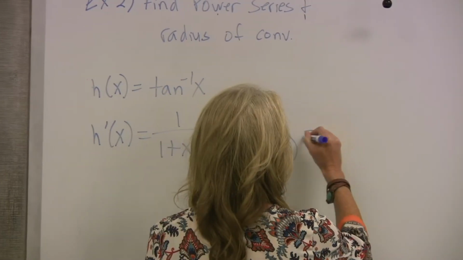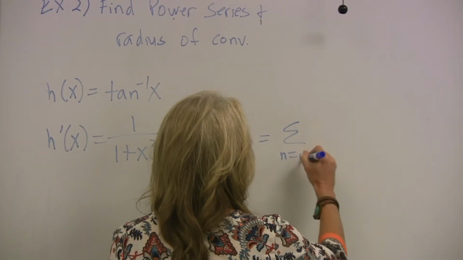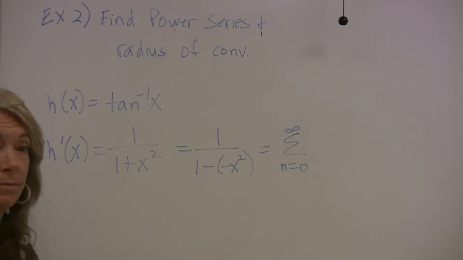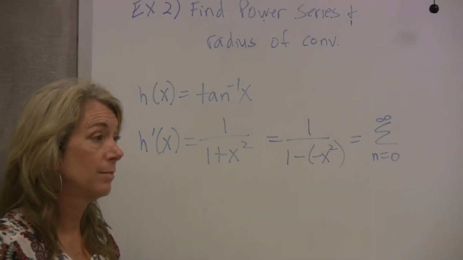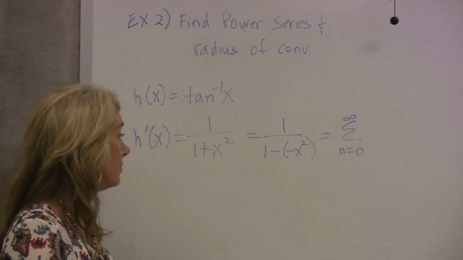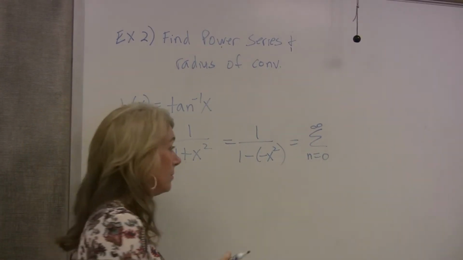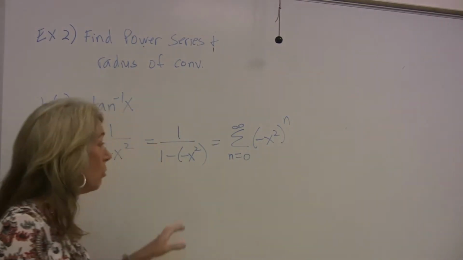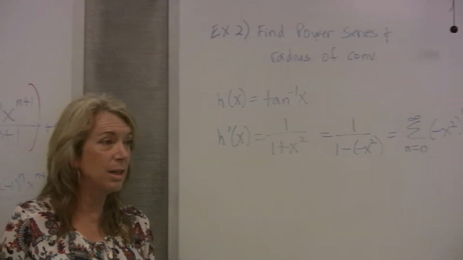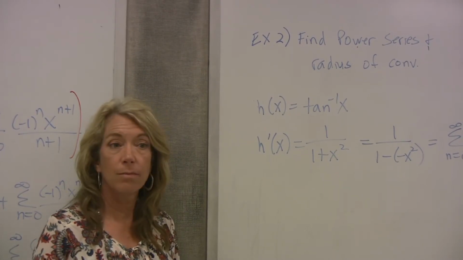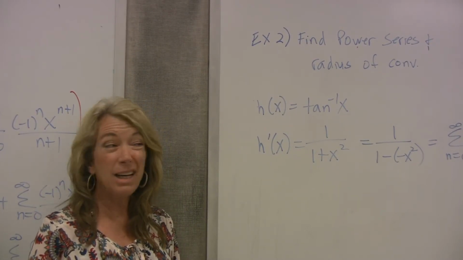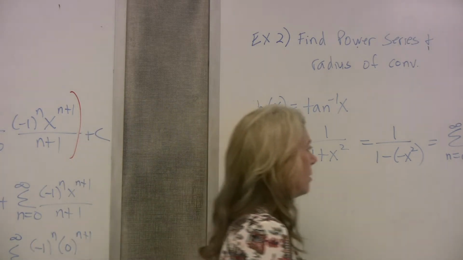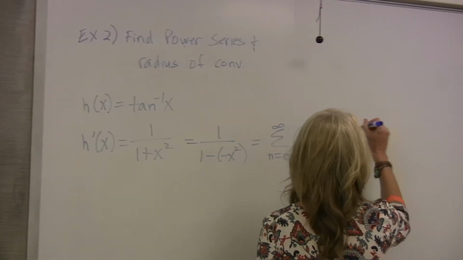So now we can turn it into a power series of negative x squared to the n power. Beautiful. Whatever we're subtracting from that 1 gets raised to the n power. Because we have to integrate, I'm going to again separate the constant factors and the x factors.